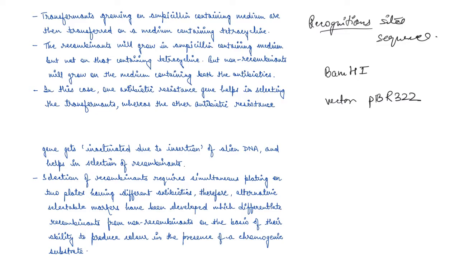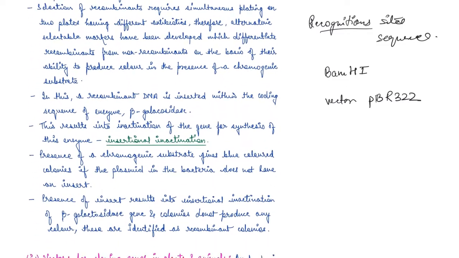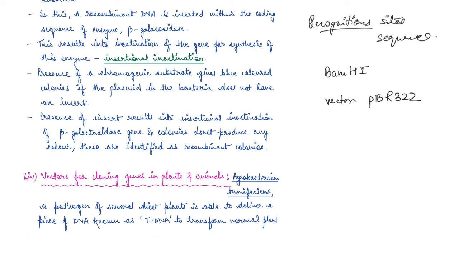So what happens in that? In this, a recombinant DNA is inserted within the coding sequence. Say we'll take an example: a recombinant DNA is inserted within the coding sequence of the enzyme beta-galactosidase. Now this results in inactivation of the gene for synthesis of this enzyme.